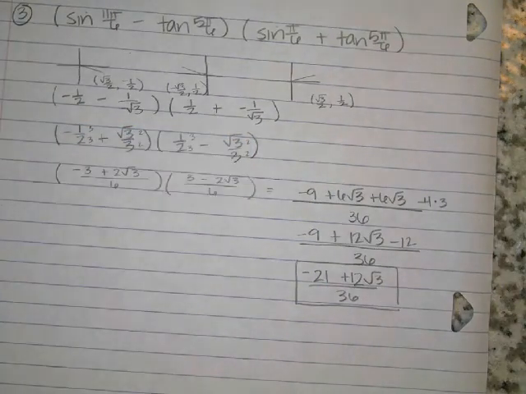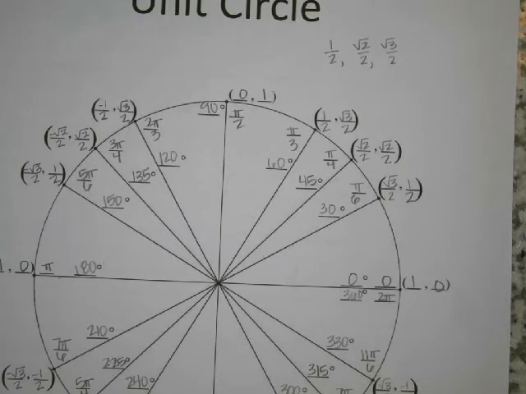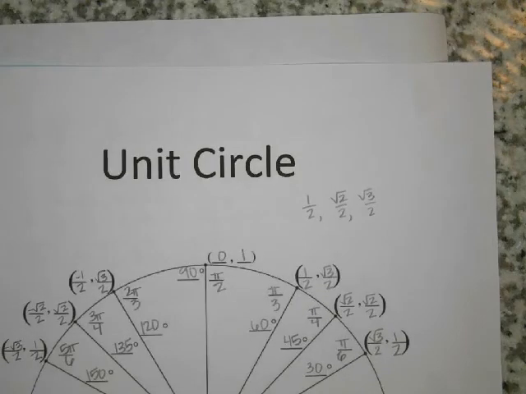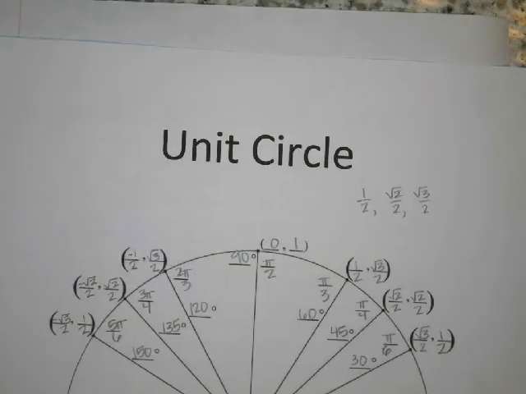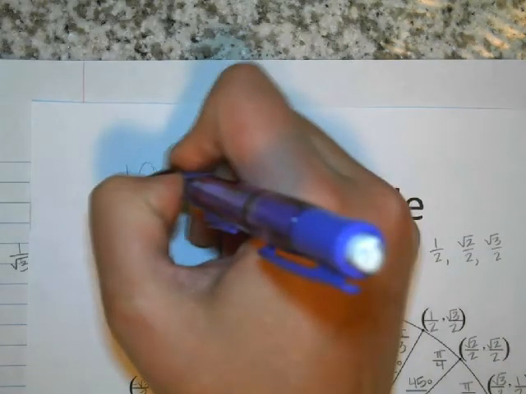Okay, let's move on. For evaluating inverse trig functions, this is typed up in your packet, but this might be something you could want to add to your unit circle. If you are evaluating a tan inverse or cotangent inverse or sine inverse or cosecant inverse, then you can only have answers in quadrants 1 and 4.